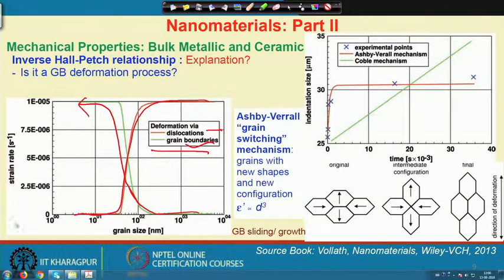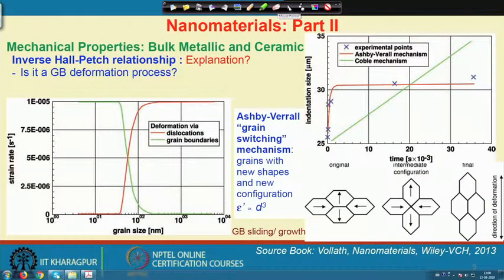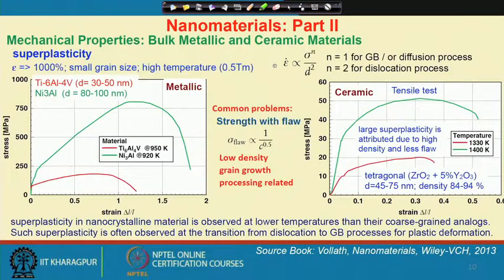Okay. So, this is the strain rate, and below 100 nanometer is a zone where both mechanisms are valid. However, below 10 nanometer it is mostly a grain boundary process, which I have explained here and schematically in this region. So, the inverse Hall-Petch relationship is linked with the grain boundary process.